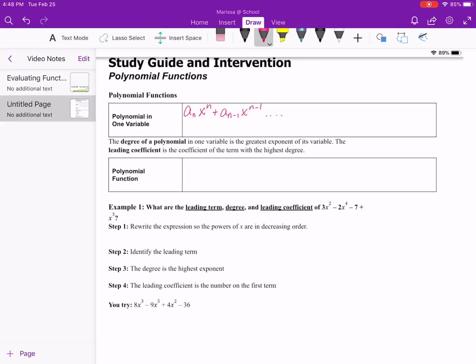So basically all this is saying is I have something like 2x to the fourth plus 3x to the third, and so on and so forth. So basically, it's just a polynomial with one variable.